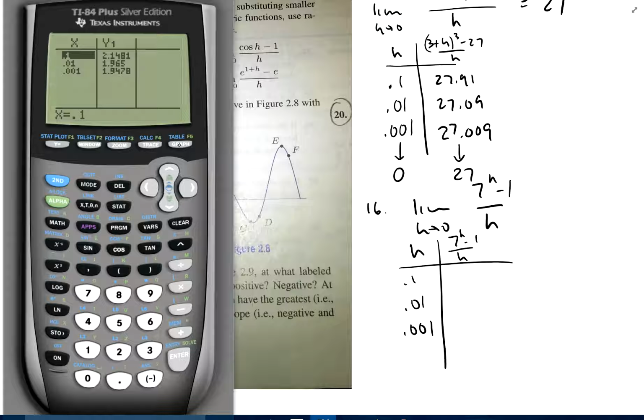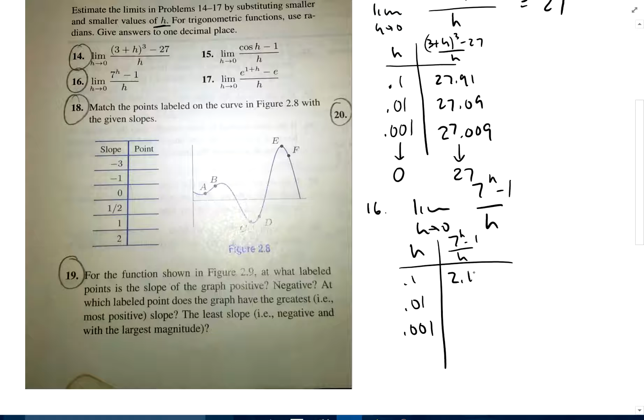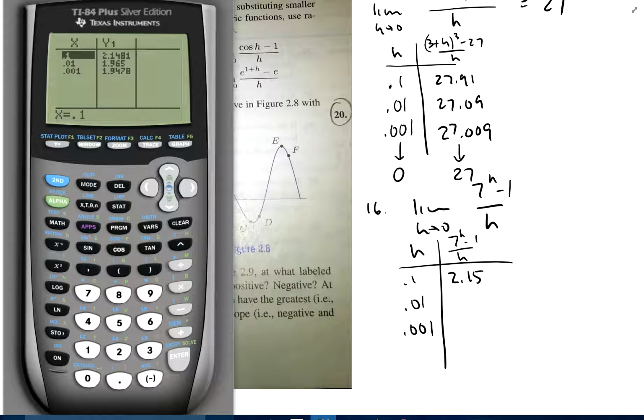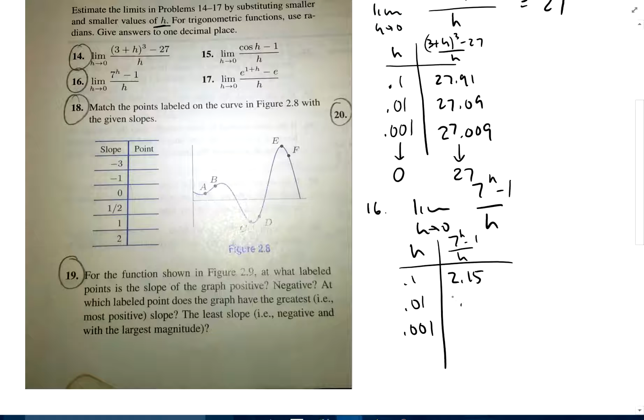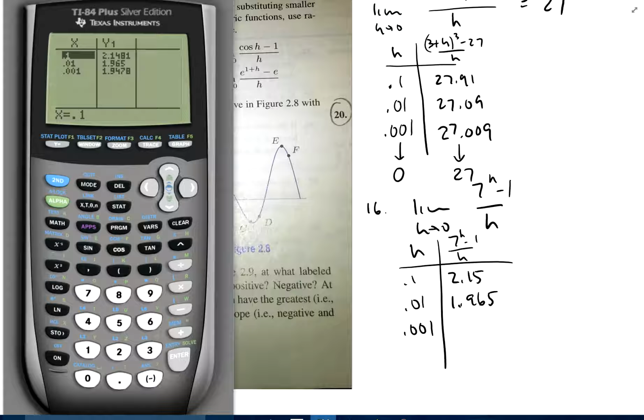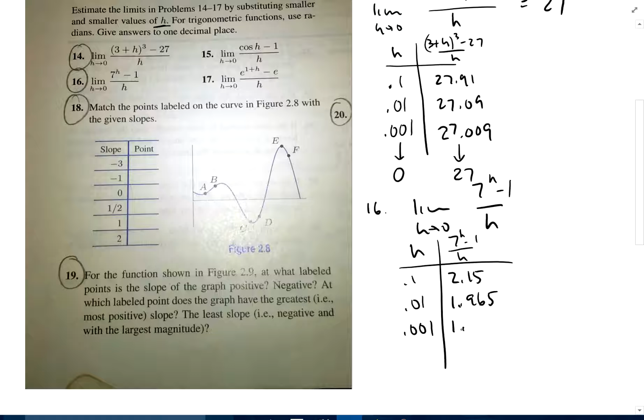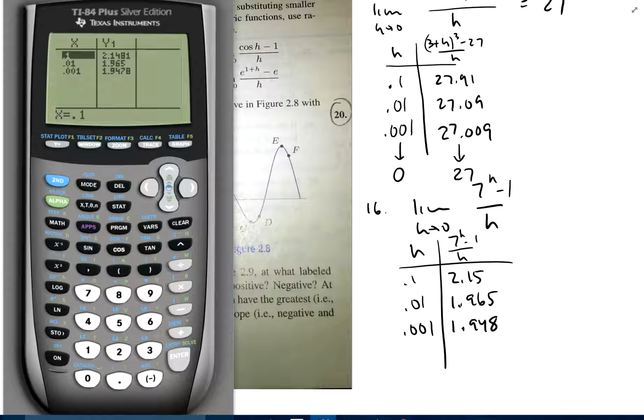2.15. So I can't remember all these numbers. 1.965. 1.948. And it doesn't look like it's going anything that I can recognize right now, so let's just keep on going. 0.00001.